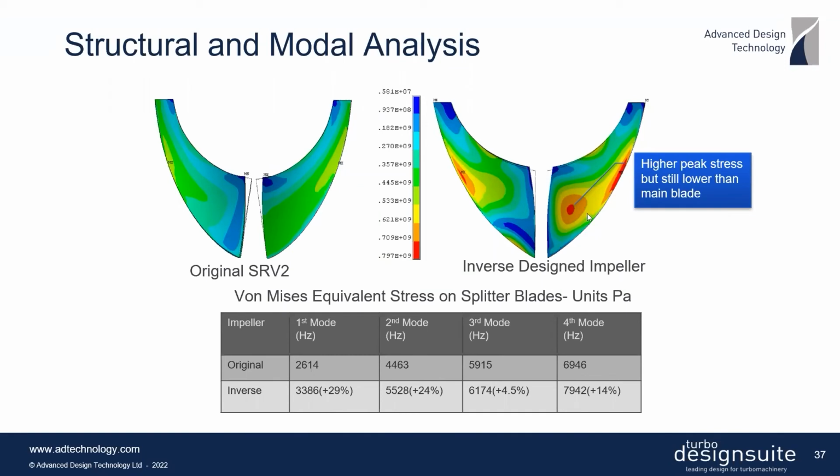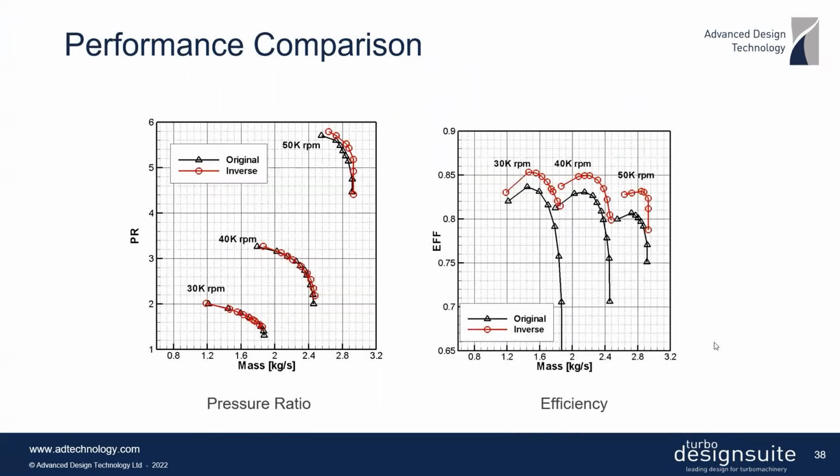And what's interesting is when you look at the modal analysis, you can see here, in fact, there are significant improvements in the first, second, third, and the fourth modes. And so there are significant advantages in terms of vibration response of this 3-dimensional impeller. And here you can see a comparison of the CFD predictions between the baseline SRV2 and the inverse design.